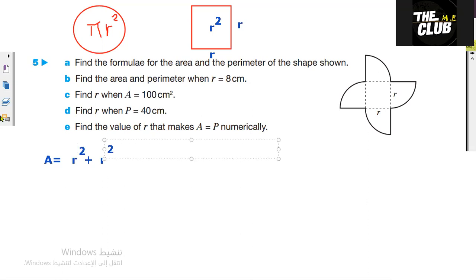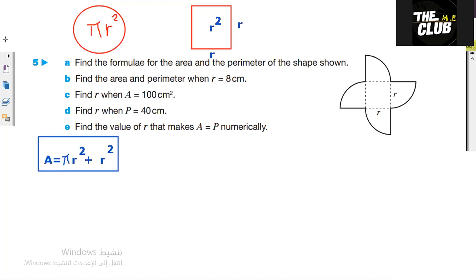So both areas added together, area of circle plus area of square. Okay, so this one will be pi. As we said, the area of the circle is pi r squared plus the area of the square, which is r squared, and this is the area of the whole shape. Okay. This is the first thing. Now we're going to talk about the perimeter of the whole shape.